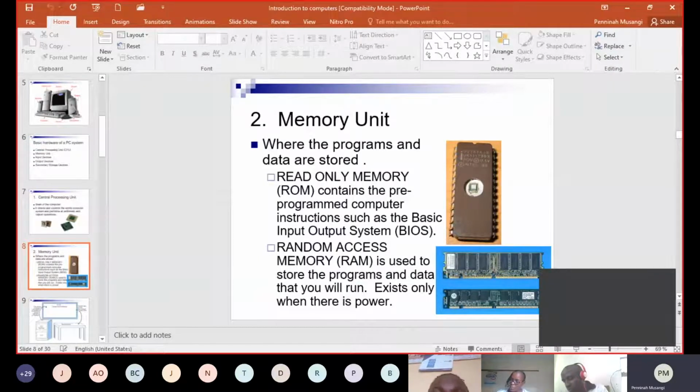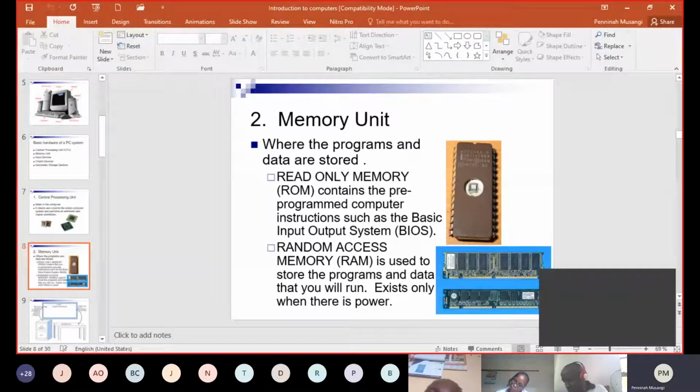That is already there, and is what we call the ROM, the pre-programmed computer instructions. Now the other memory, the RAM, is used to store programs and data which you are running, temporarily. For instance, now I open a document. That document I'm seeing is stored in the RAM.